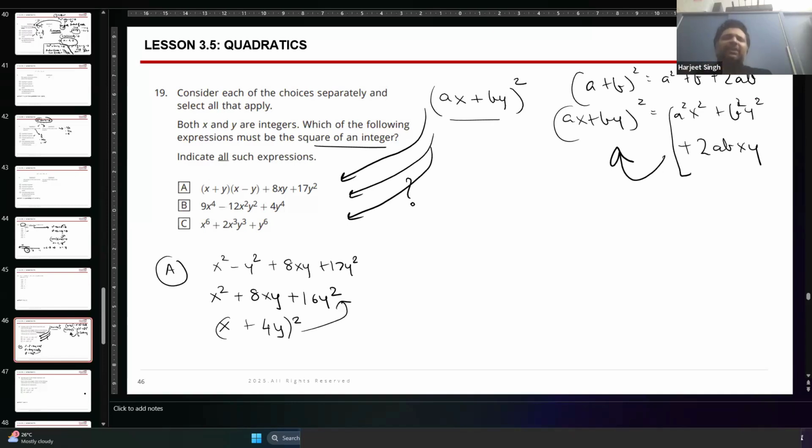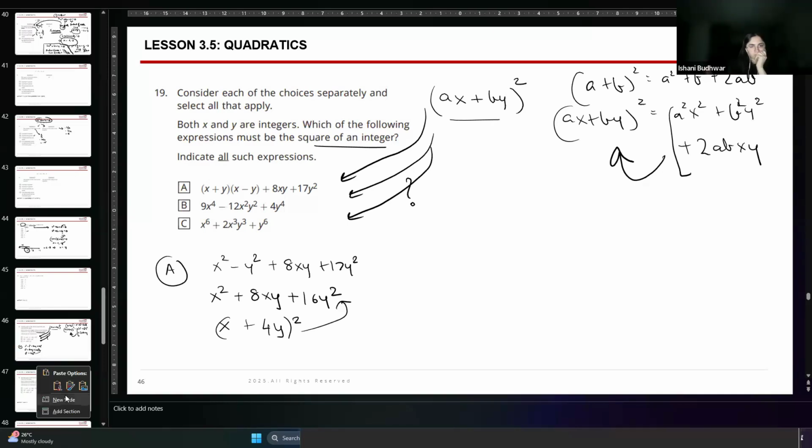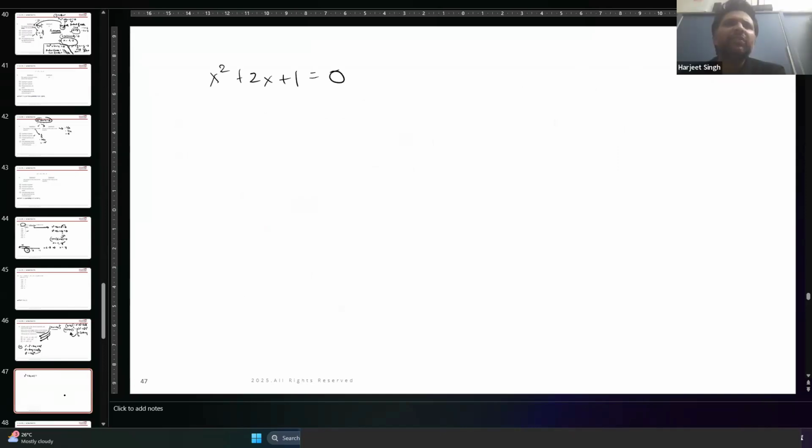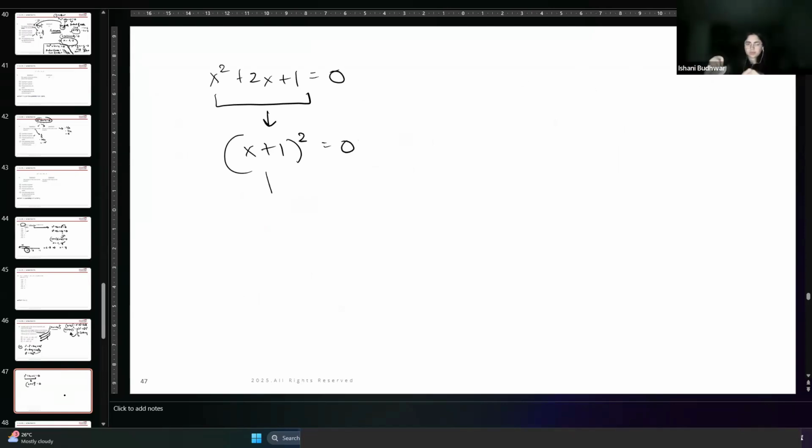So some of the quadratics can be written as a square term. An example is x squared plus 2x plus 1 equal to 0. So can I say this looks like a square of x plus 1? Yes.